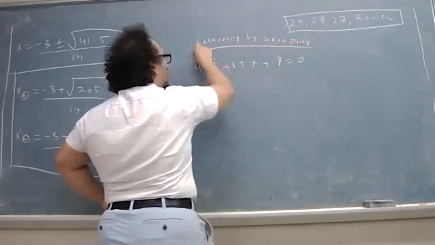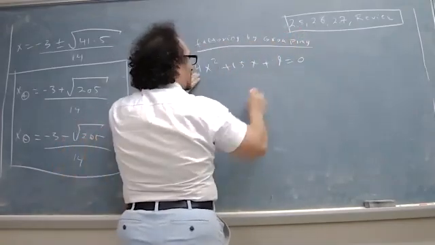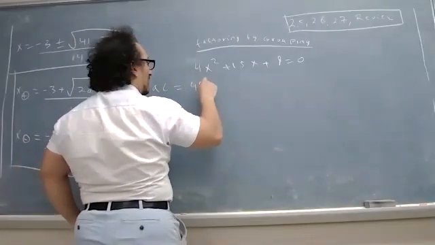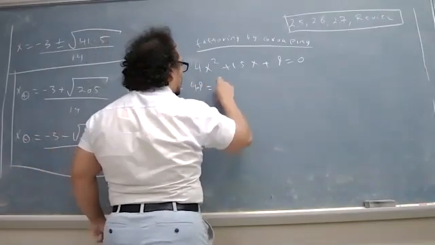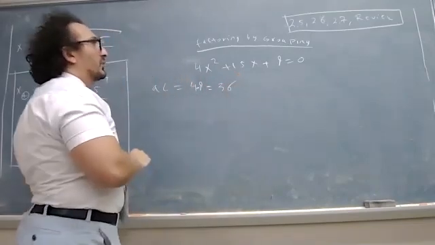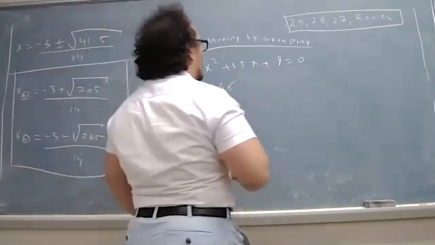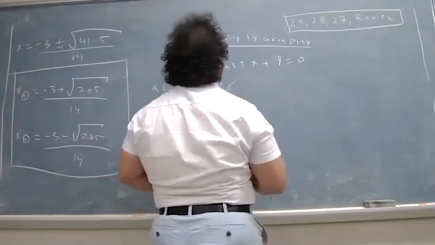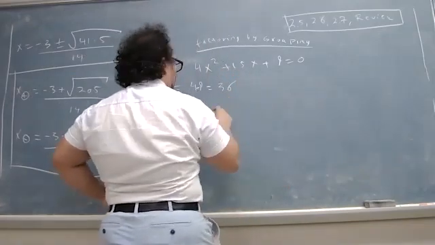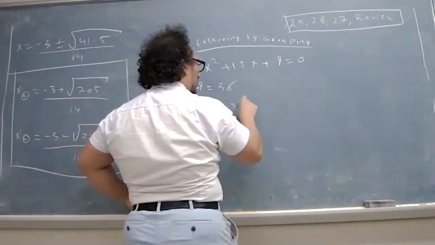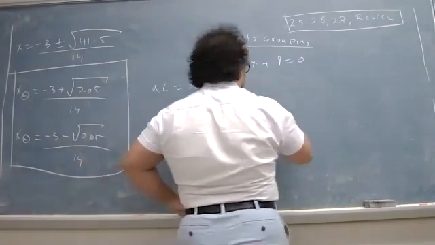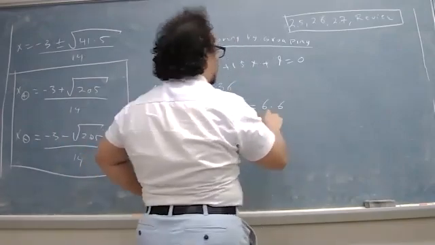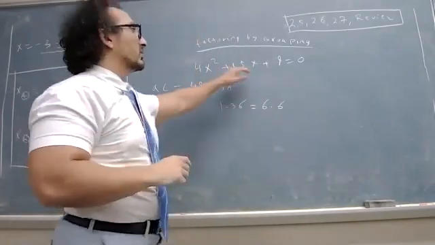The way you do this process is you get your A times your C, which is 4 times 9, which is 36, right? And you find all the factors of 36 such that a pair of factors adds up to 15. So 36 has factors 1 times 36, but that's equal to 6 times 6. But 6 plus 6 is 12, and that doesn't equal 15.